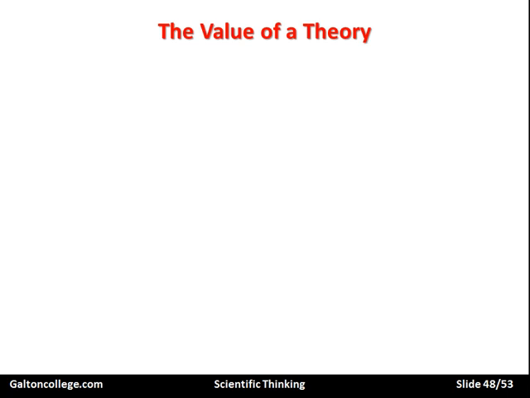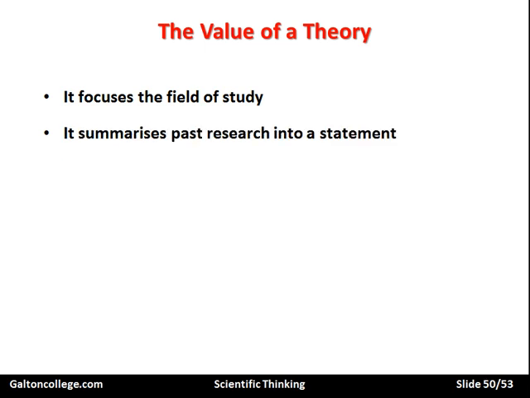Now the value of a theory, well, it focuses the field of study. And a theory, don't forget, is generated from looking at various hypotheses in the past. It summarizes past research into a statement. So it looks at the outcome of past testing of hypotheses and summarizes all of that into a statement, which becomes the theory.